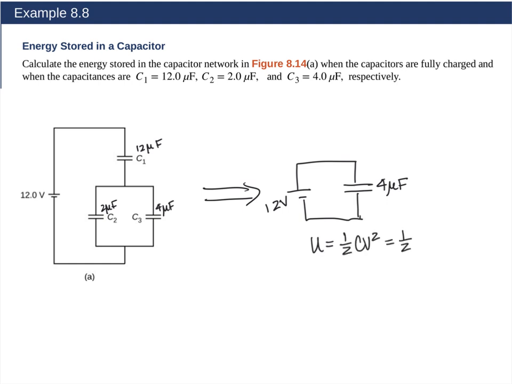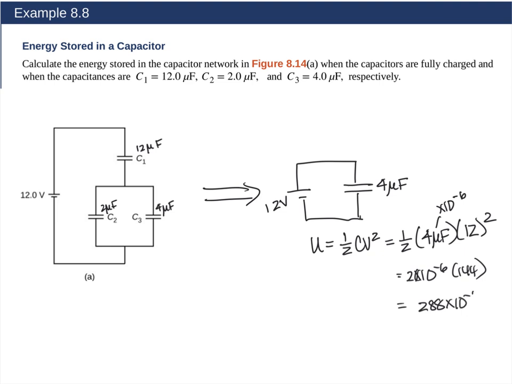So 1/2 times the 4 microfarads times V squared, which is 12 squared. I will use times 10 to the minus 6 here. And this is going to be 2 times 10 to the minus 6 times 144, which is going to be 288 times 10 to the minus 6 joules.